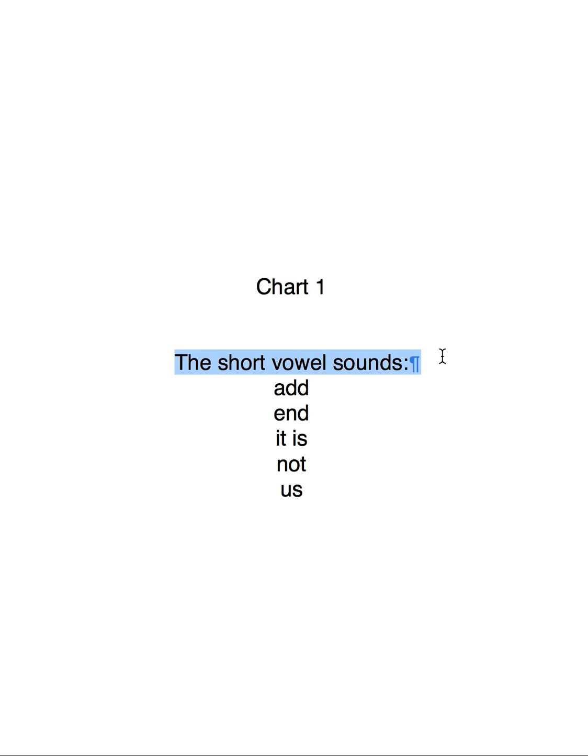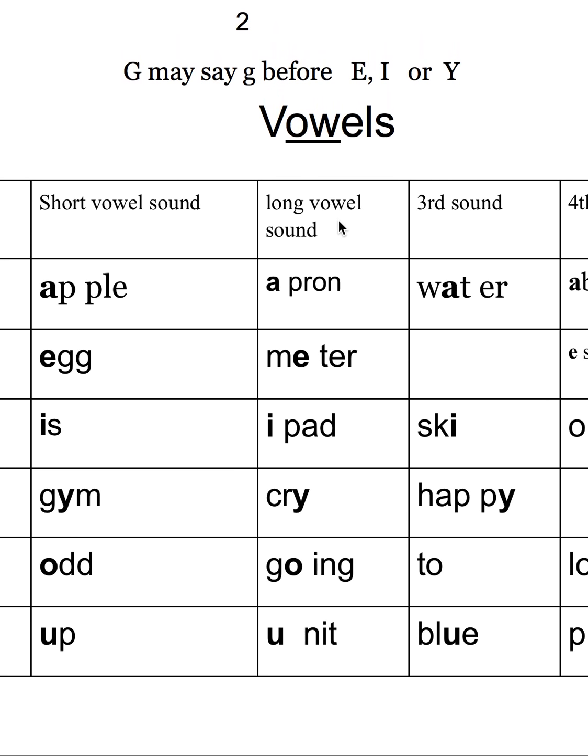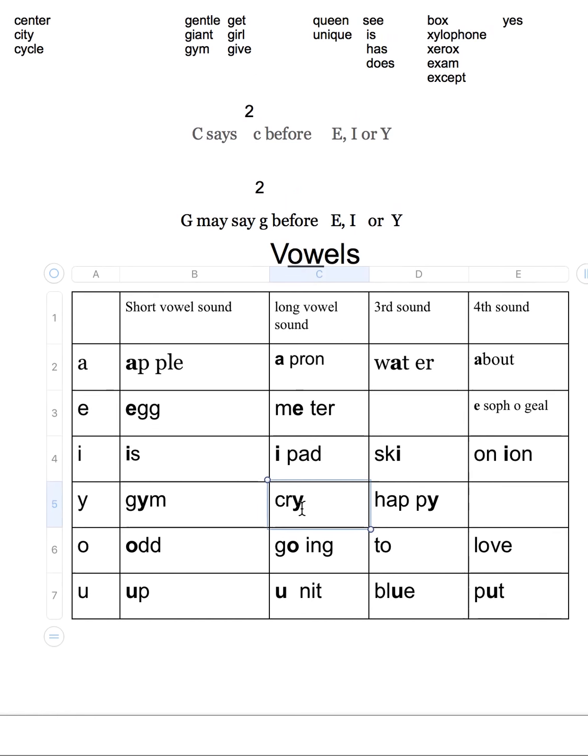The short vowel sounds. The long vowel sounds are easy because it's the letter's name: A, E, I, O, and U. And of course, Y is a vowel sound. Y says I, so it's the same as the I.